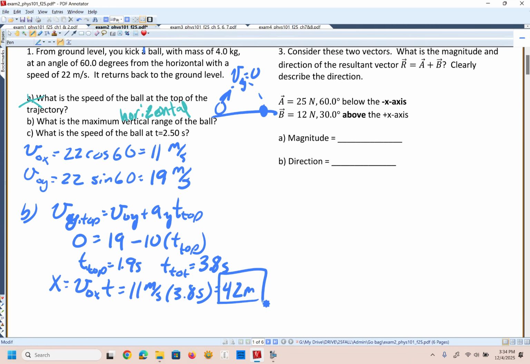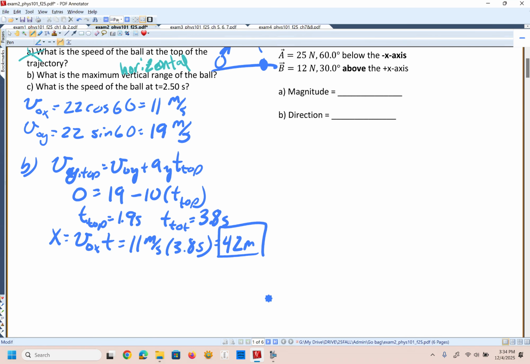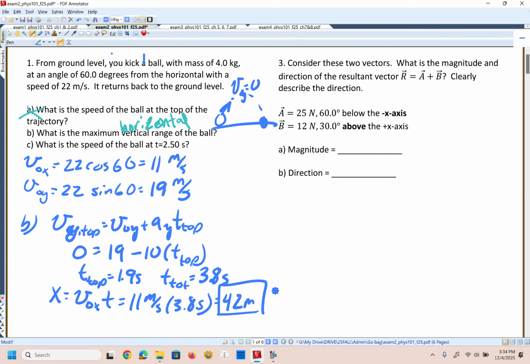All right, and then for the second part, what is the speed of the ball at t equal 2.5 seconds? Well, first of all, at t equal 2.5 seconds, I'm somewhere in the second part of the trajectory, and I'm going to have 2 parts to that velocity. I have an x component in that direction, and I have a y component in that direction.